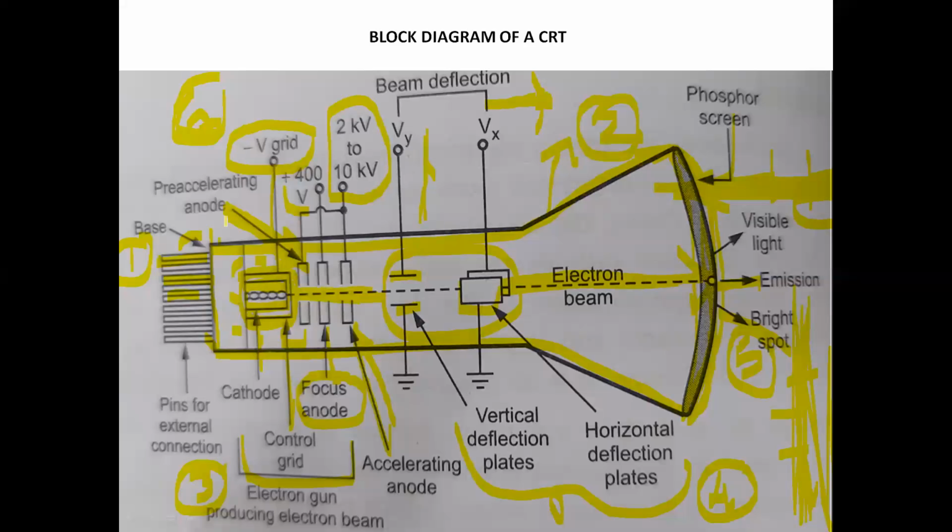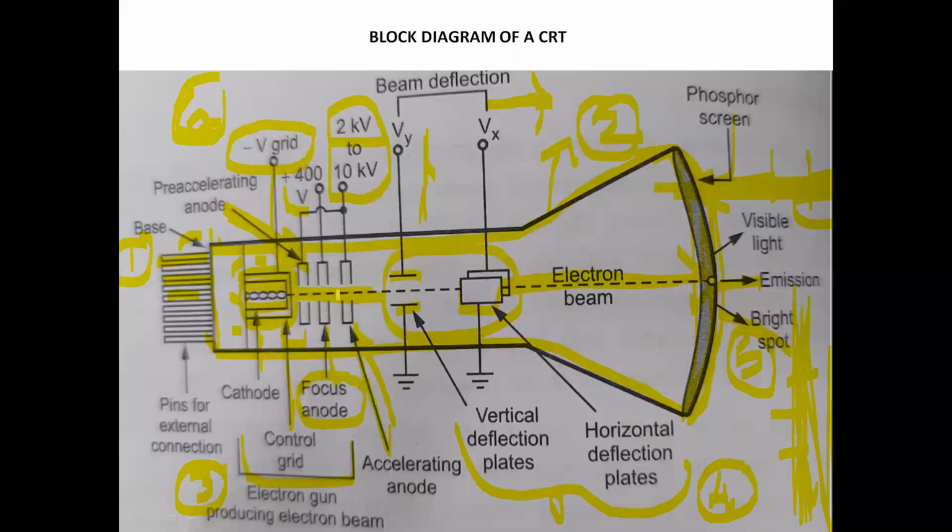Here the pre-accelerating anode is connected to plus 400 volts. Since the electrons are negatively charged and this anode is positively charged, the electrons are attracted towards this anode and enter the tunnel. After that, those electrons are moved further toward the screen by the accelerating anode with more positive potential, from plus 2 kilovolts to plus 10 kilovolts.